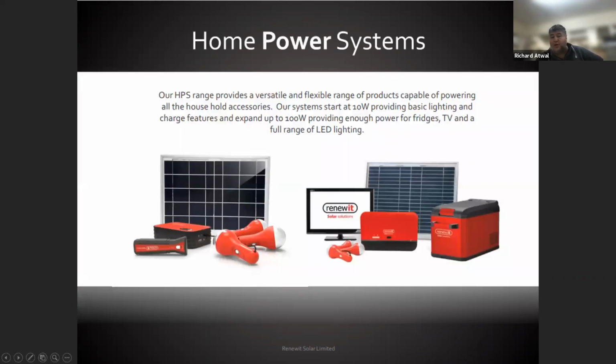And that then goes for a range of systems as we've brought other products into our portfolio. So as we've moved into appliances like televisions and fridges, we've been able to work with the manufacturers, not only to improve their energy efficiency.